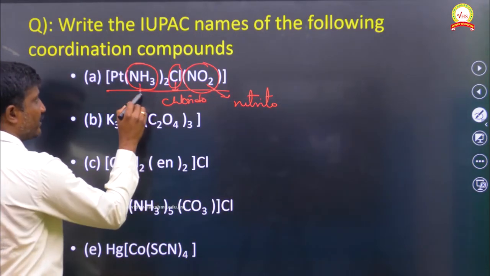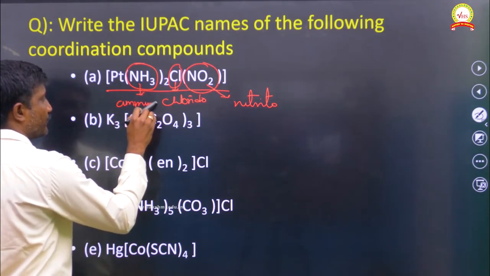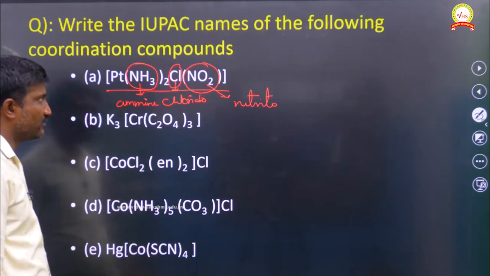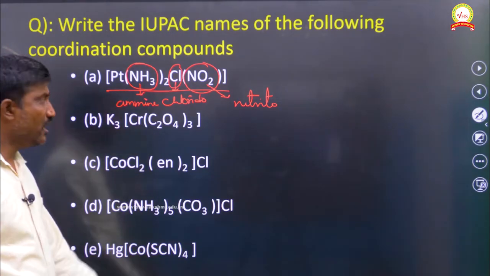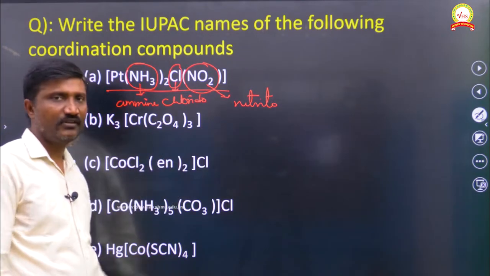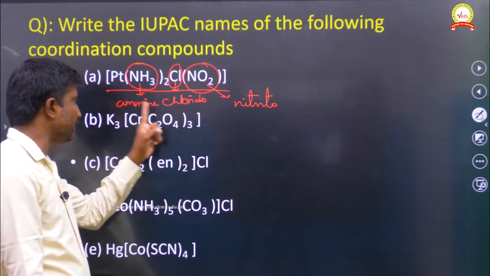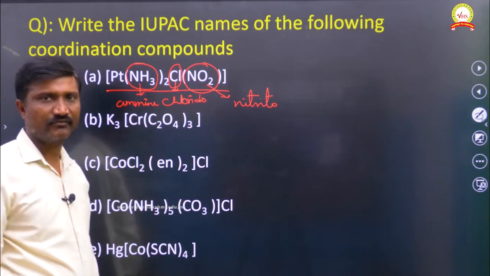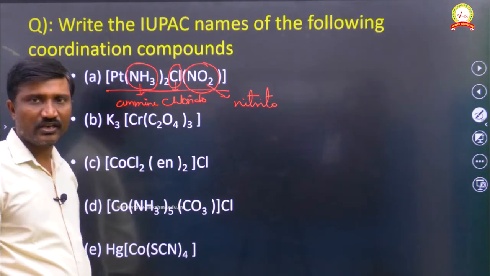But here NH3 we write as ammine, right? Ammine, but two times, so we write diammine. Now these are three different types of ligands. Now in alphabetical order, which one comes first? A, C, N. A comes first, after that C, after that N. So the ammine name we write first.